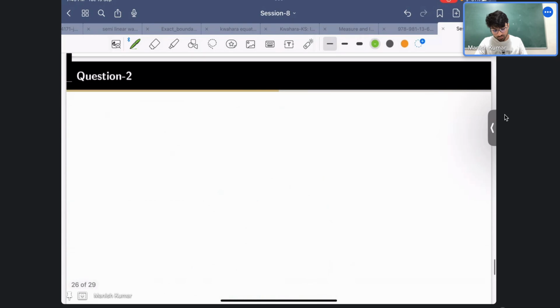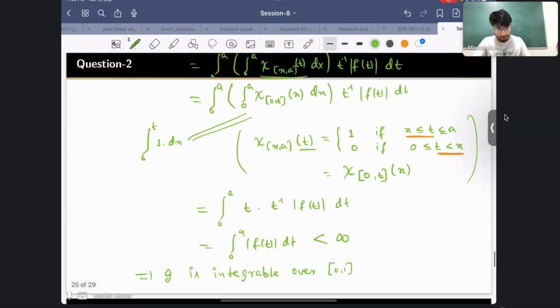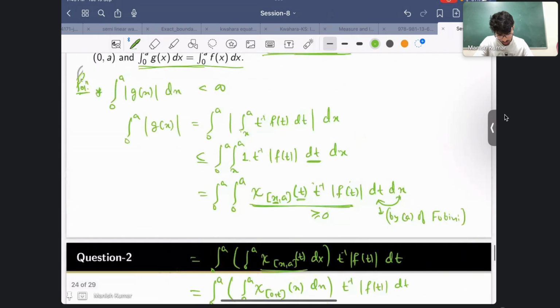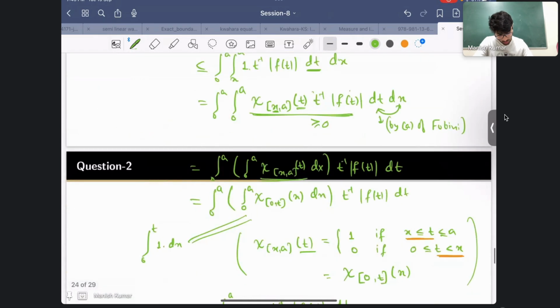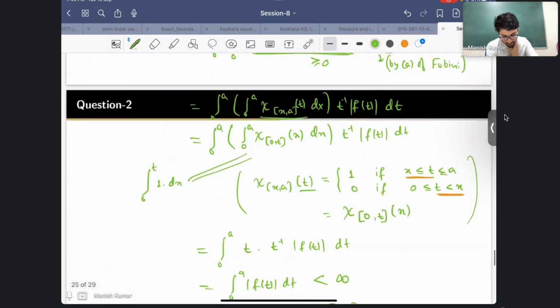So the next question is... Sir, the integral of the characteristic on 0 to t will be equal to 0 to t 1 dx.